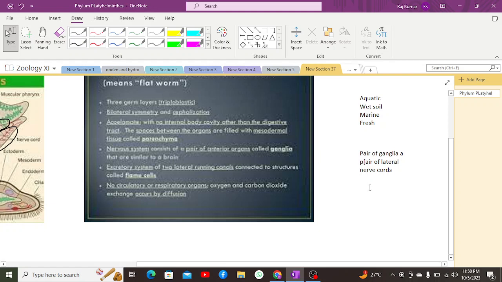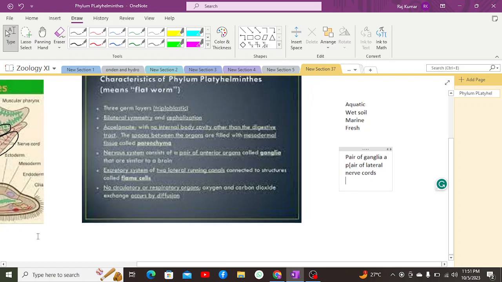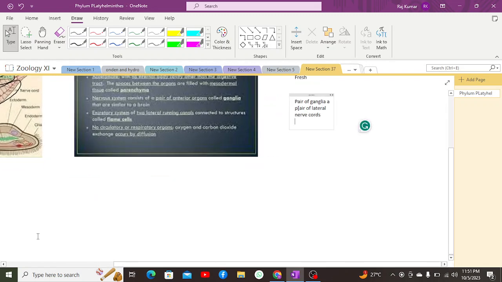As these are eumetazoa, they have organs as well as organ systems. The excretory system consists of a lateral canal which opens into blind end tubules, whose blind ends have flame cells or protonephridia, which are cup-shaped cells having cilia over them.